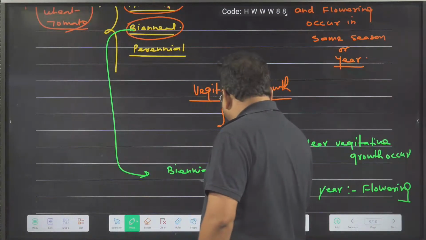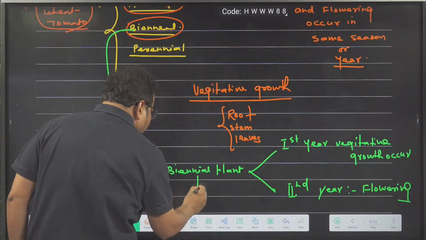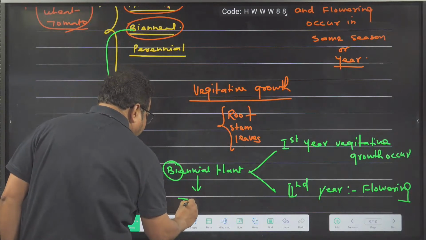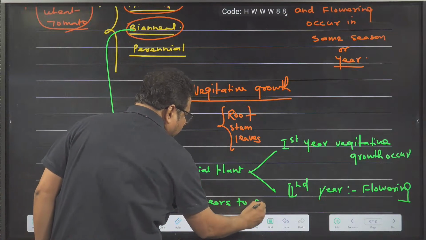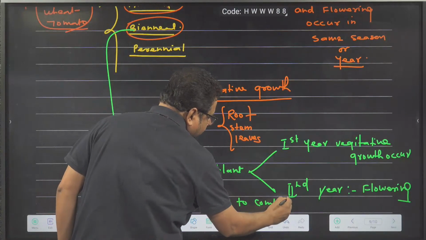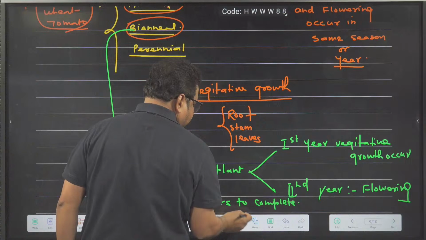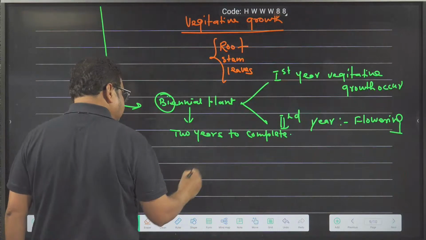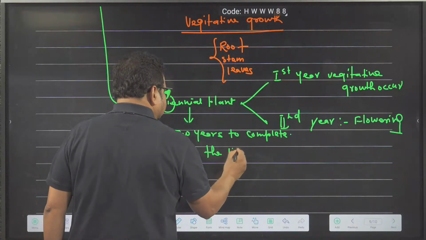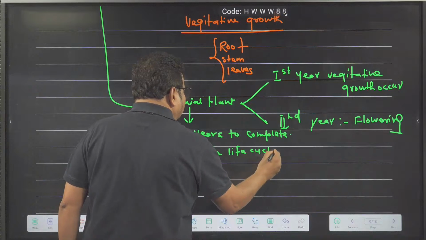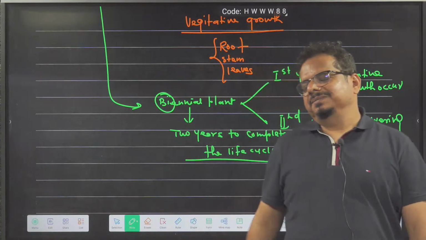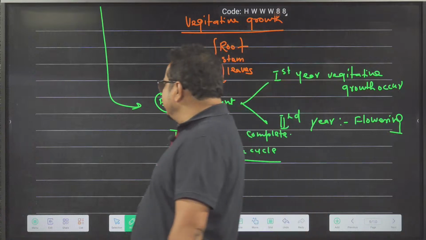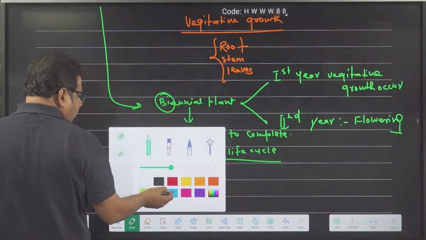So in a biennial plant, bi means two years to complete the life cycle. Plants that take two years to complete the life cycle are called biennial plants. First year vegetative growth occurs, second year reproductive growth occurs.